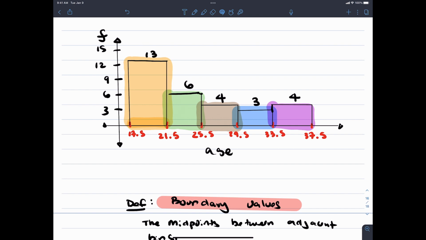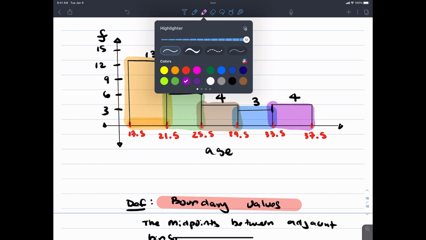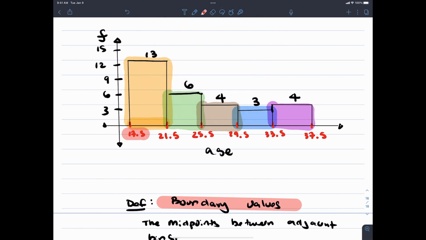There's no gaps, and that's what you need to do. So on a test, I'll ask people, draw a what? Histogram, and you make sure you what? Use these numbers. What are those numbers called? Nope. Boundary values. Good.